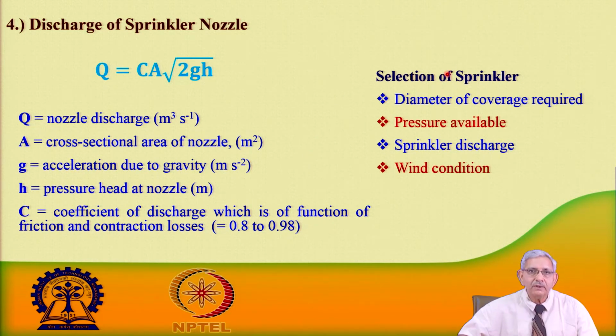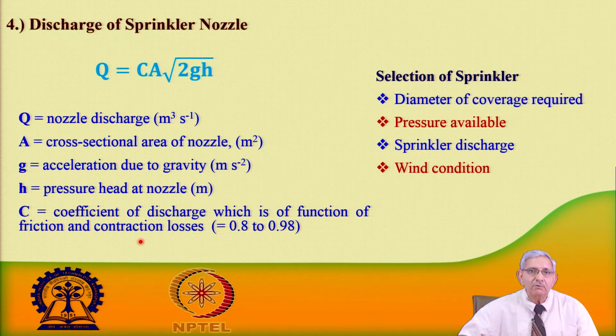Now, the discharge from the single nozzle will depend upon how much is the diameter of coverage. Selection of sprinkler will depend on the diameter of coverage, what is the pressure available, means nozzle pressure, because this is your H which is given, and then how much is the discharge coming out of the sprinkler, which is a function of H, and of course, wind condition. Whether wind in that particular place is a calm wind place or it is in the coastal zone where wind is a major problem.